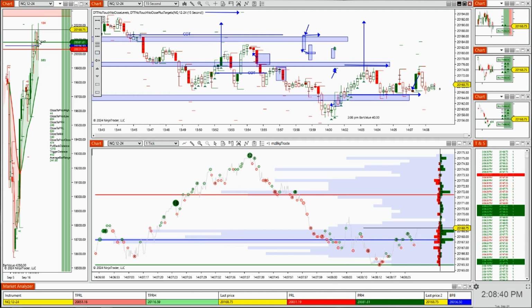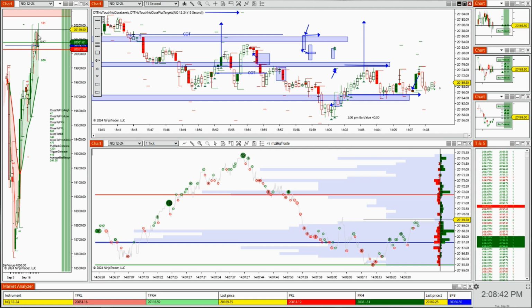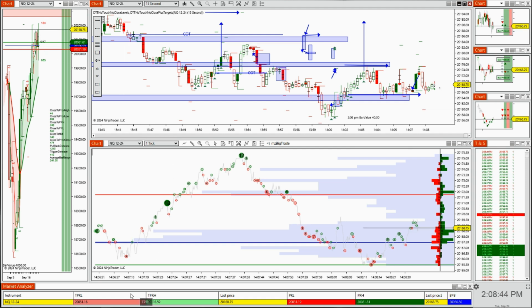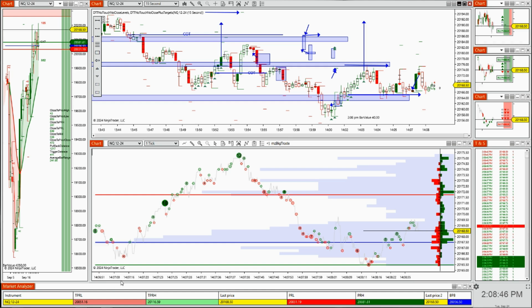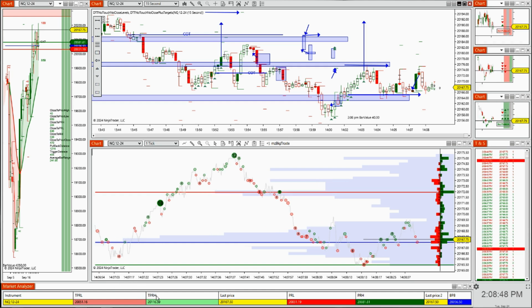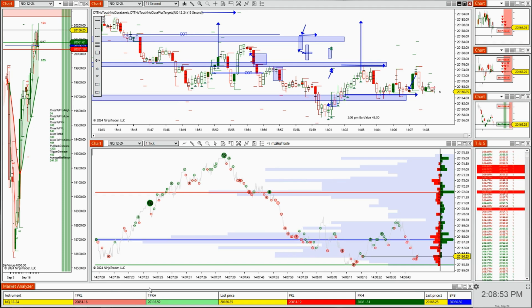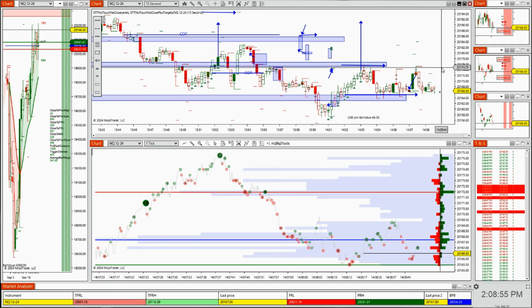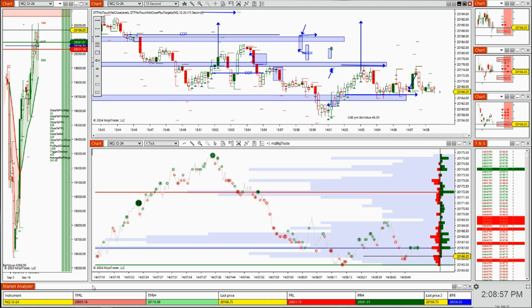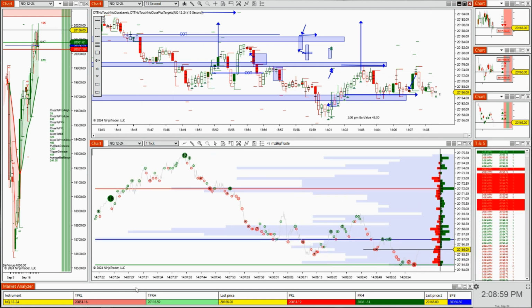So we kind of traded down beneath that today, and now we're coming back up through it. This is today's activity. So if you're watching the video, you may be able to get an idea what tomorrow's levels will absolutely be. So we're trading based on what will happen moving forward. We're not doing that hindsight backwards stuff. We can do what's forward too. And so this is giving us ideas.